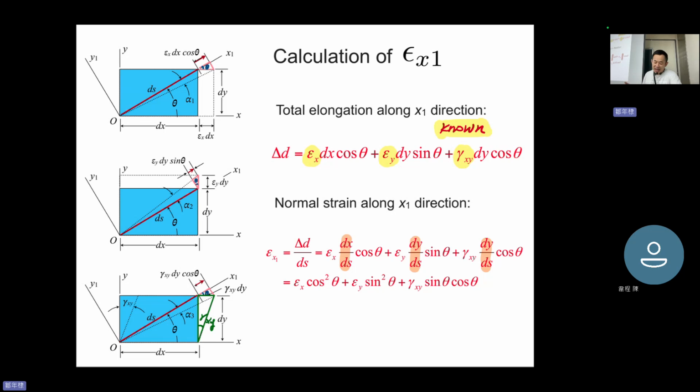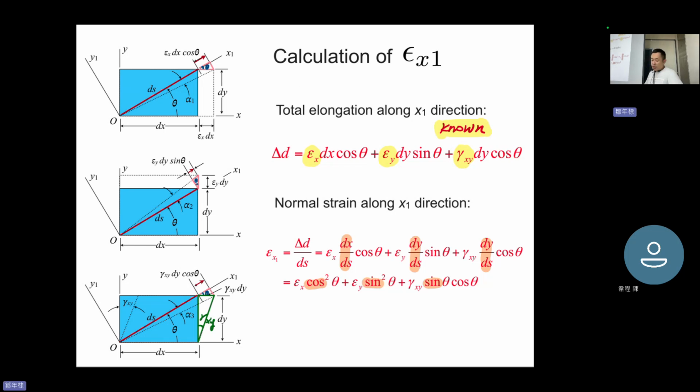Dx over ds is cosine theta. Dy over ds is sine theta. Okay? Beautiful.